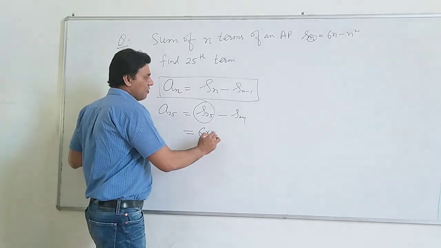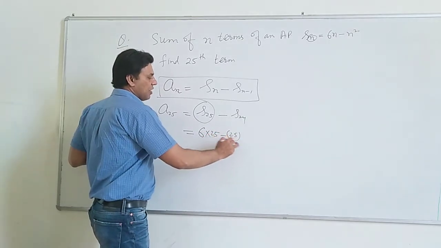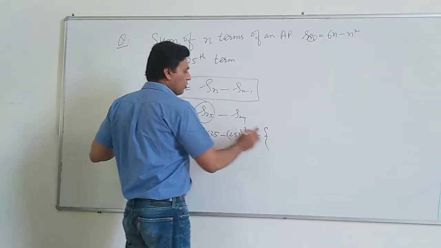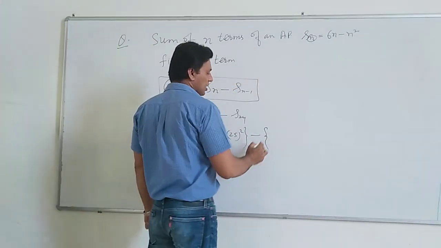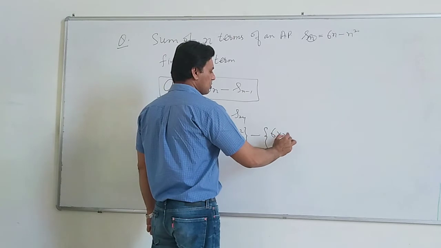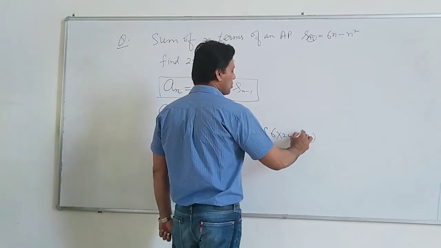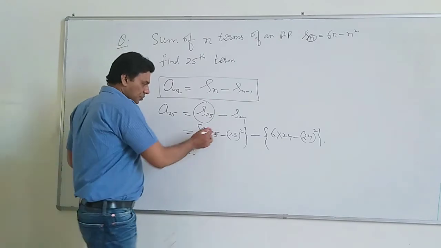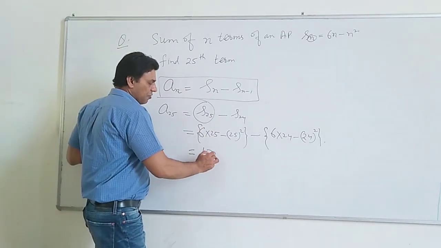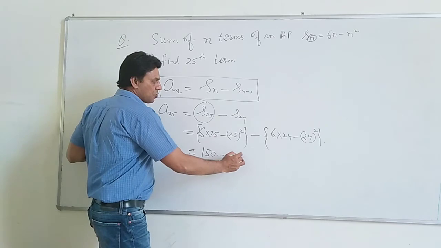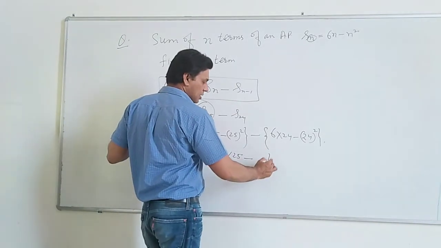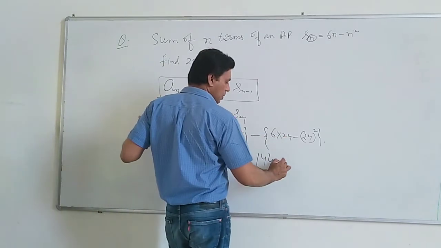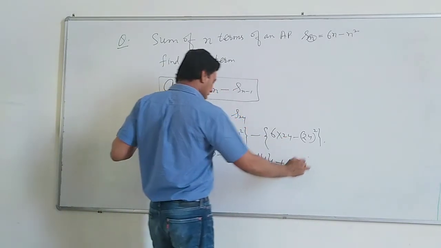So 6 into 25 minus 25 whole square. This is your S25, and how can you get S24? Put n is equal to 24. So 6 into 24 minus 24 whole square. After calculating, this is 150 minus 625, minus 144 and minus minus plus 576.